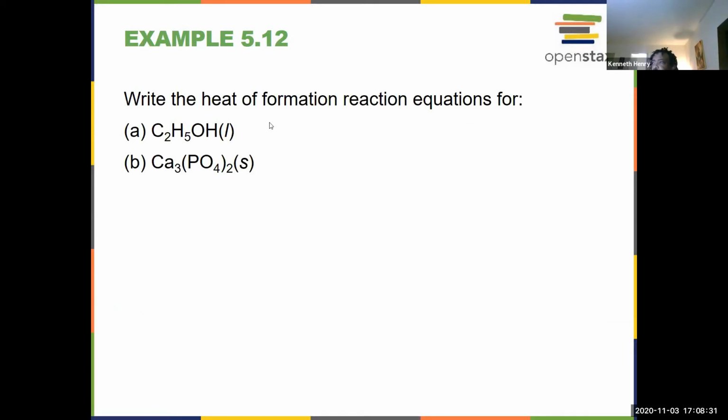Can you guys write the heat of formation for the reaction of ethanol, so the formation of ethanol and the formation of calcium phosphate? For ethanol, what are going to be our reactants?